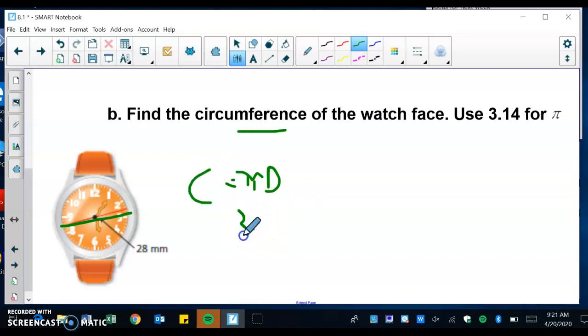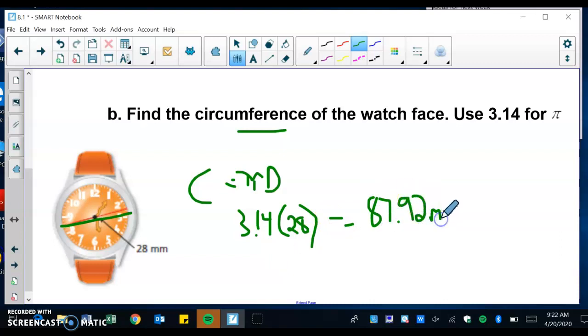Pi is 3.14 times the diameter, since I'm given diameter, which is 28. So 3.14 times 28 is 87.92 millimeters.